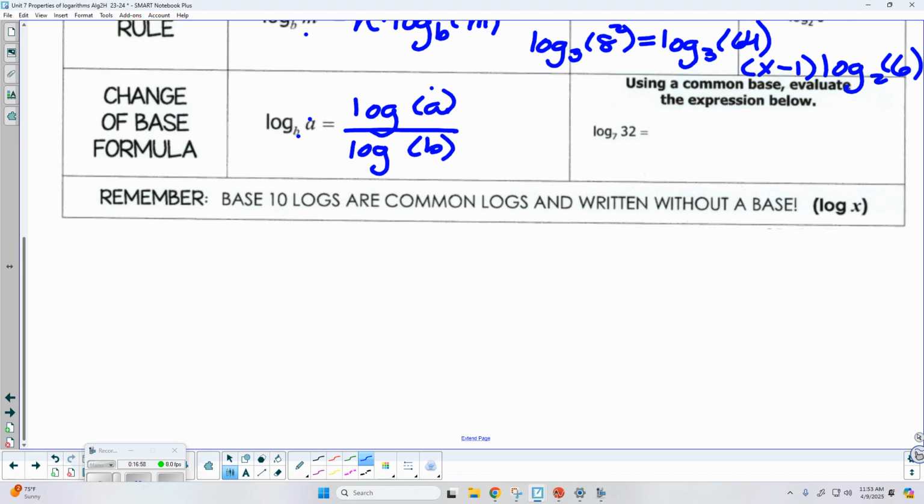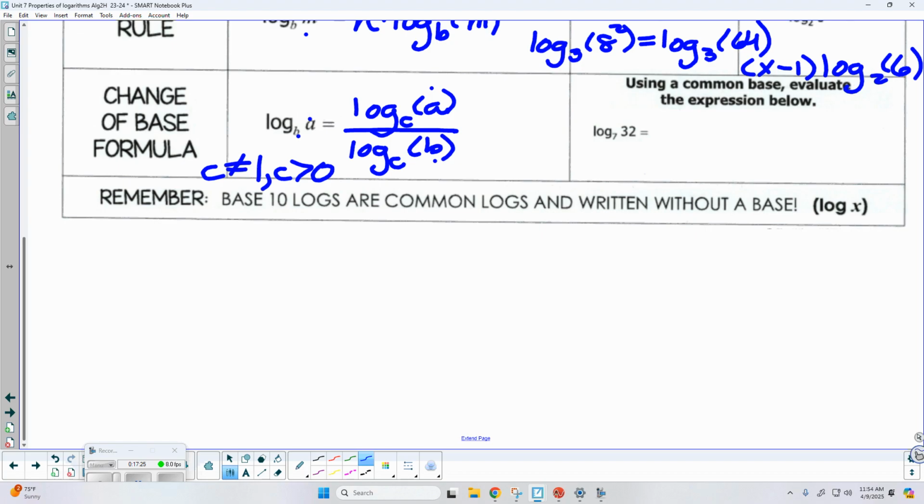The original base went in the denominator, and then you get to choose whatever new base you want. But remember, there were 2 restrictions. What can C not equal? So C cannot equal 1, and C has to be greater than 0. That means C has to be a positive number. It's got to be positive, and it cannot be 1.